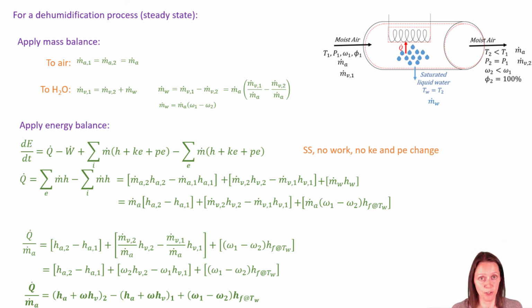So your temperature of the saturated liquid and the saturated vapor should be equal to one another. So when you calculate what h_w is, you can approximate that as h_f at T_w, which is equal to T2.